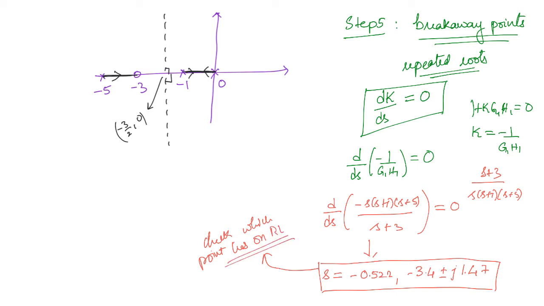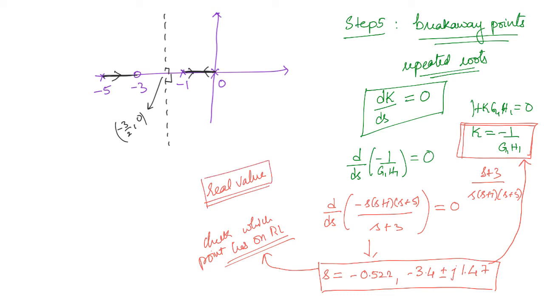This is simple. We know that k is equal to minus 1 by g1 h1. So if you substitute these values of s in g1 and h1 and find minus 1 by g1 h1, then that value should come out to be a real value. Why? Because k is a real value.